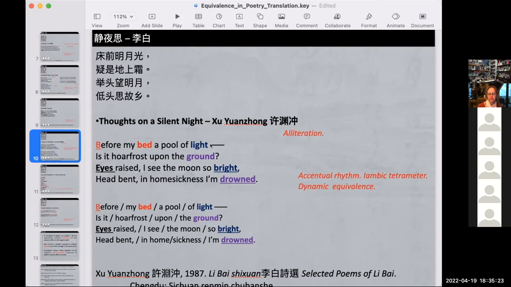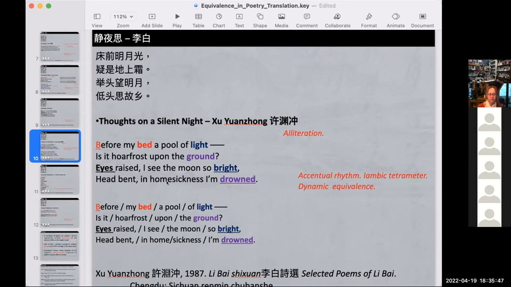That's why he's following a very hard path. It's very difficult to translate classical poetry in this way. So there is something you have to sacrifice. What he has to sacrifice here is sometimes a line sounds unnatural. Like "eyes raised, head bent" sounds unnatural.